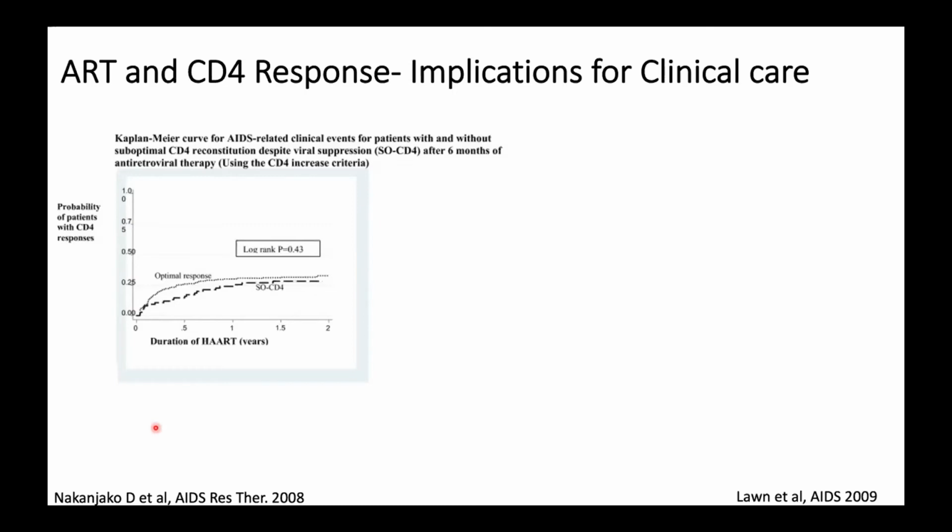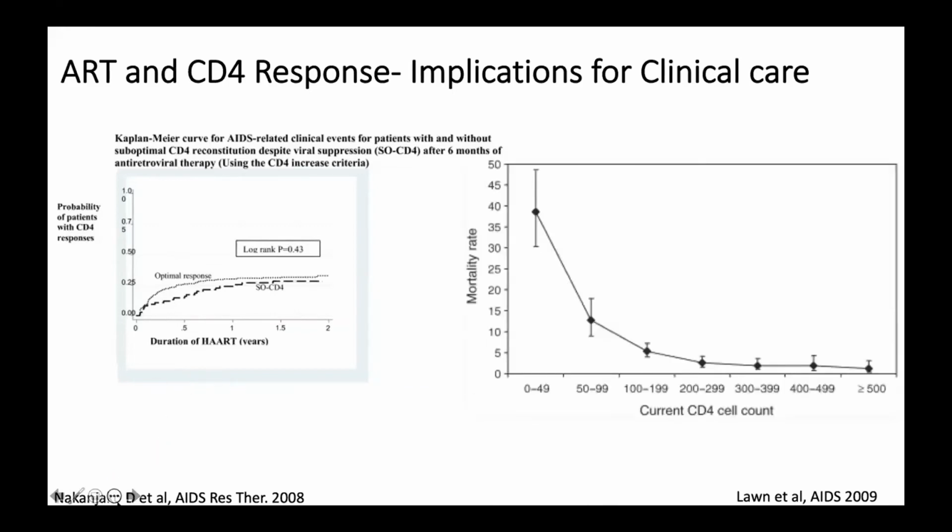What are the implications on ensuring that they remain free of opportunistic infections? In this study, published in Uganda, they didn't really find any difference in terms of clinical events among suboptimal responders and those who had optimal CD4 responses, as shown in this Kaplan-Meier curve.